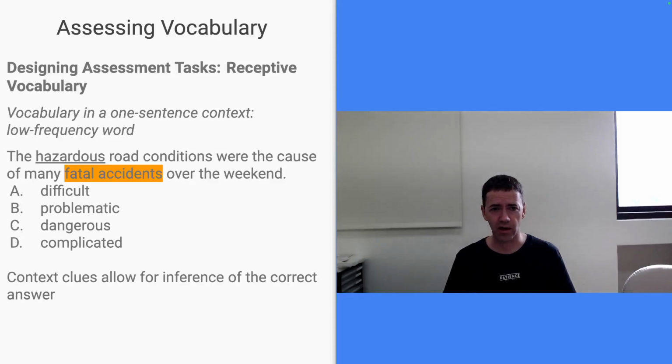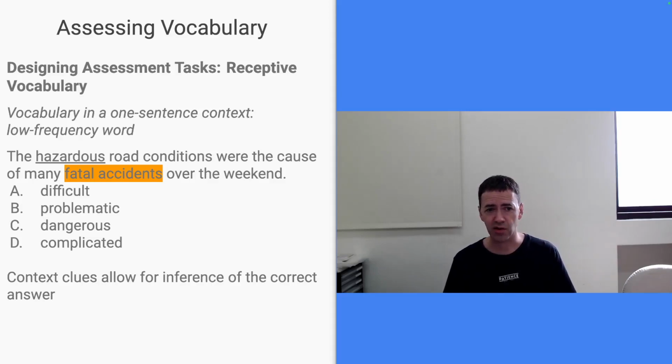Now, where the context comes in is the fatal accidents. So, as a test taker, I don't even really need to know what hazardous means. Because of fatal accidents, I can guess that it's dangerous. And because of this, you have to ask yourself, did I really test their ability to know what hazardous means?